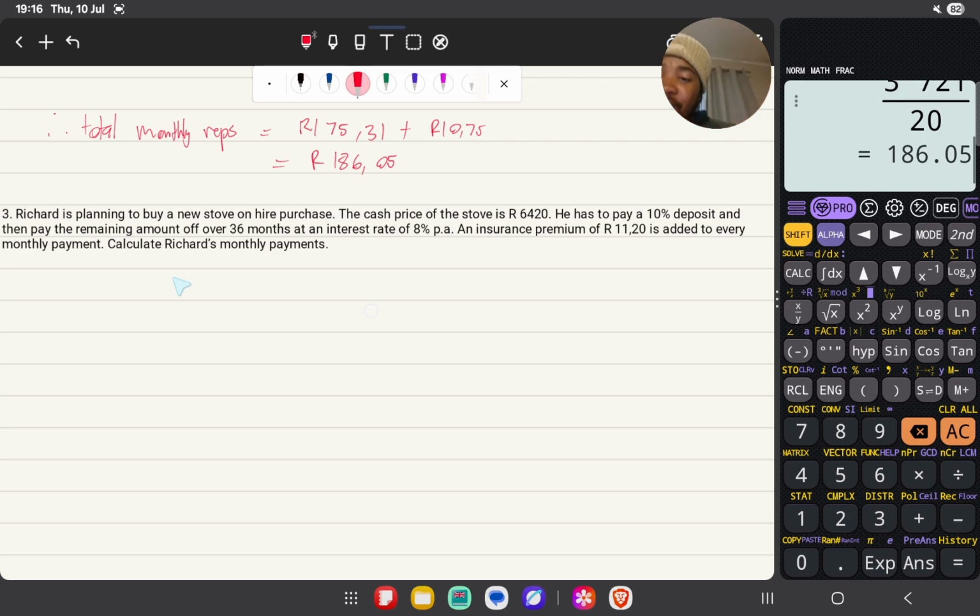So first, you calculate your principal amount, which is this amount times 1 minus the deposit, which is 10%, so 0.1. This is us minusing the deposit.